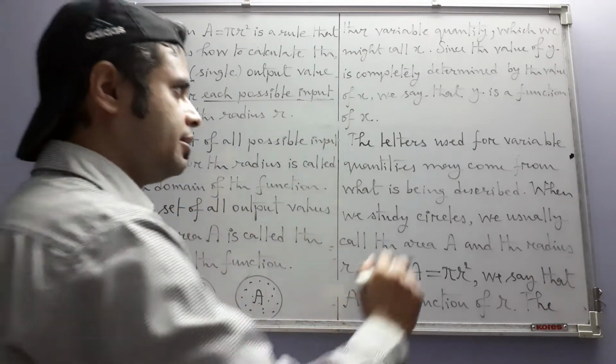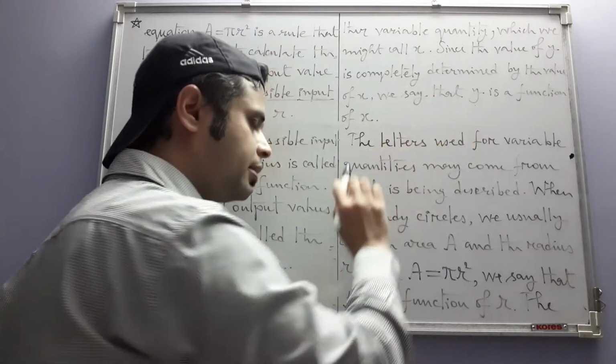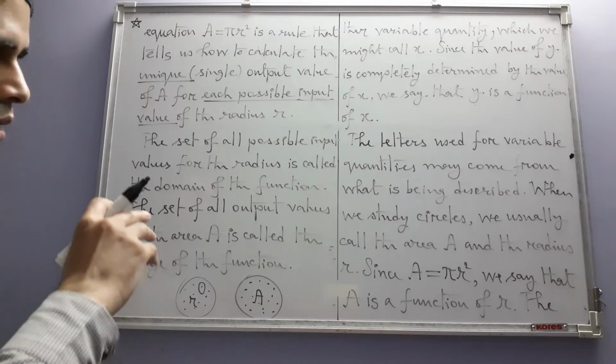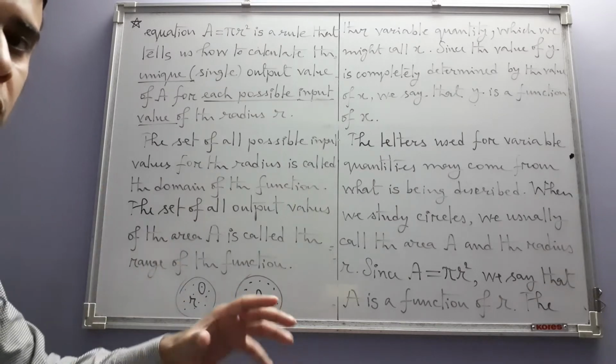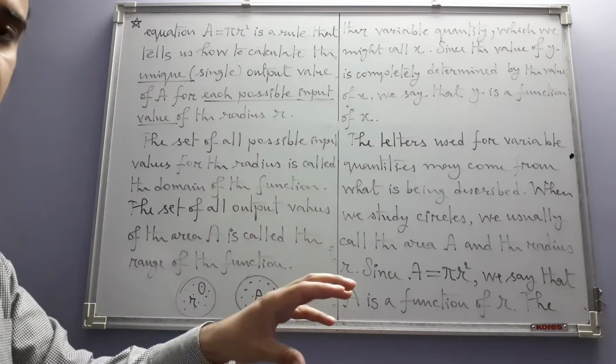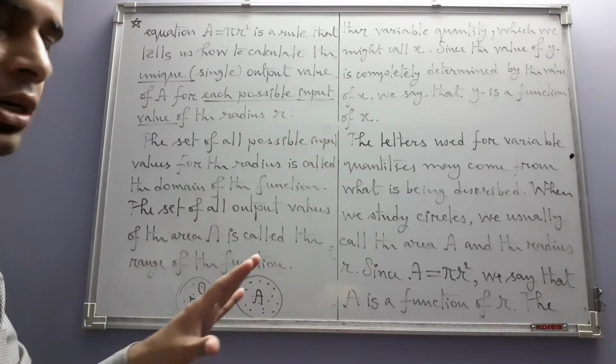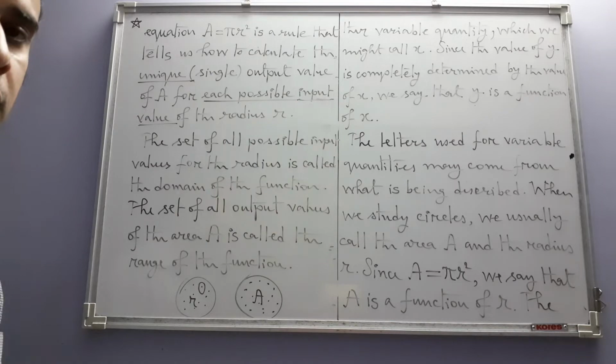Not only is the dependent variable completely determined by the independent variable, but the value of y for a given x should be unique. For a given x there should be only one value of y, then only we can say that y is a function of x.